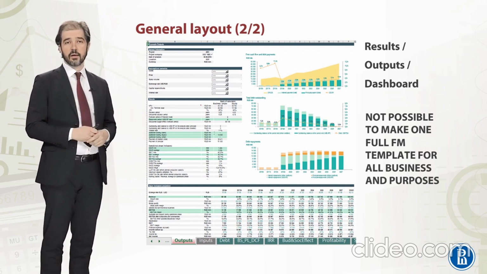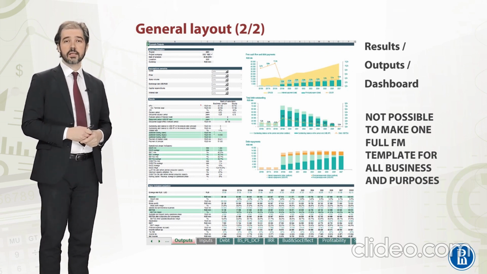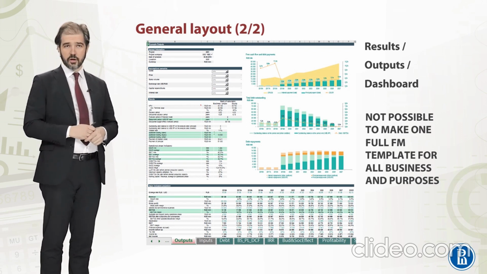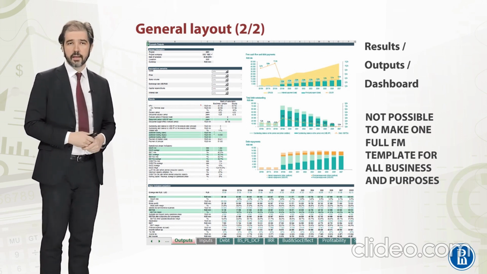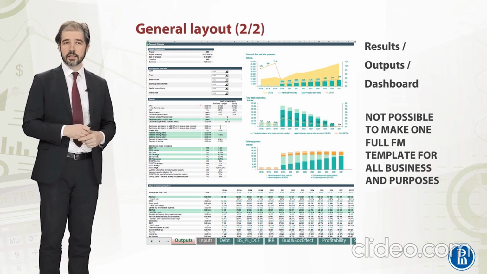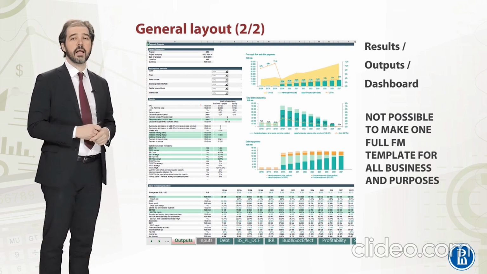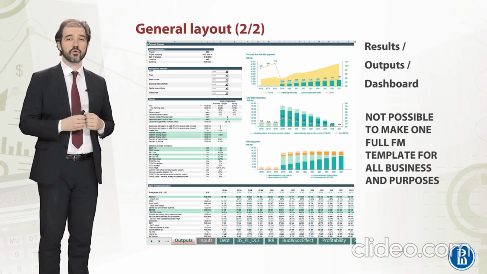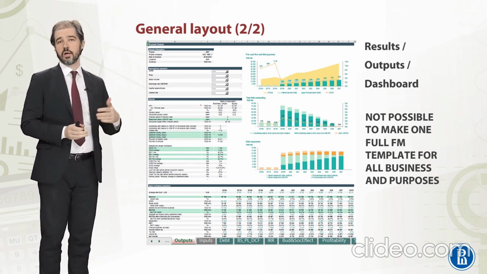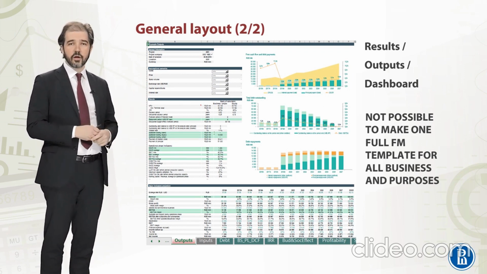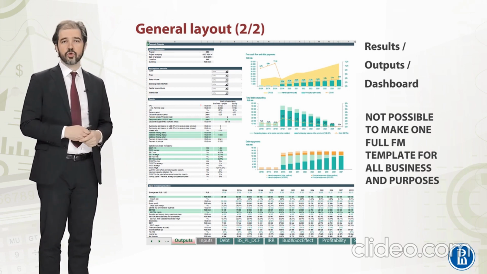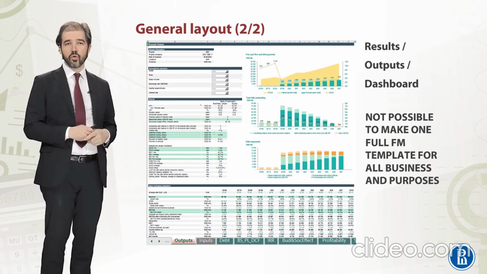On this output list or results list, we need to present first general information about the company: name of the business, and the date, very important, the date of our analysis or preparation of the financial model. I mean, not the date that we prepare it today, but the date of the start of our forecast. This usually could be the beginning of the year or end of the year or end of June or end of any quarter.